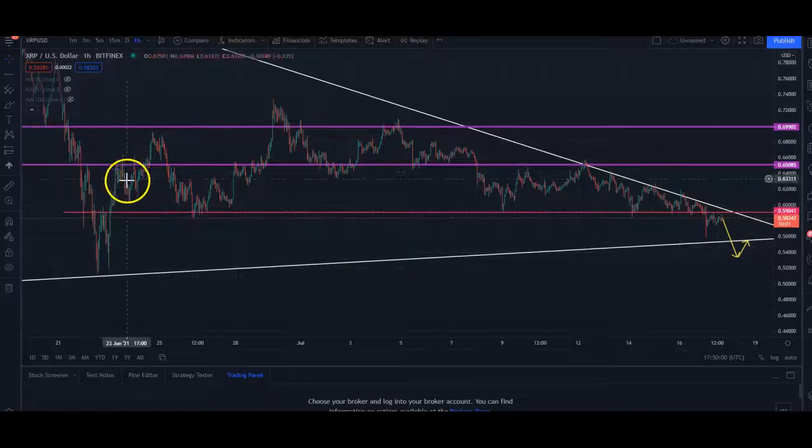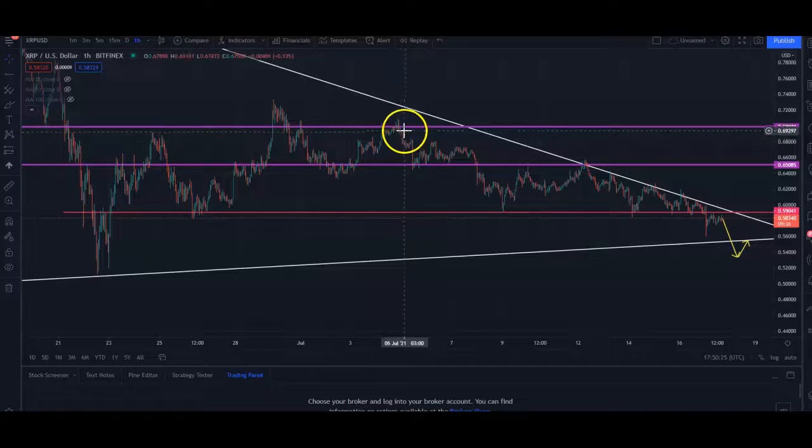Once it broke it, it started breaking the other supports and resistances, and then as we broke it, we got rejected at a heavy level of resistance around 70 cents, came back down to that 59 cents area, pushed back up, and then started its consolidated move, and then boom, it dropped.